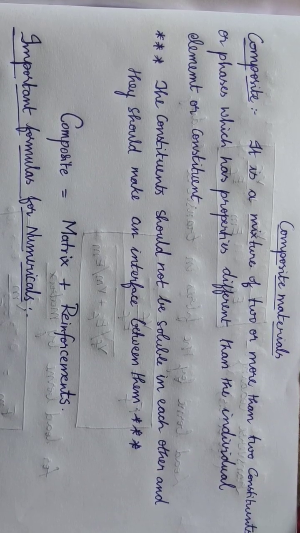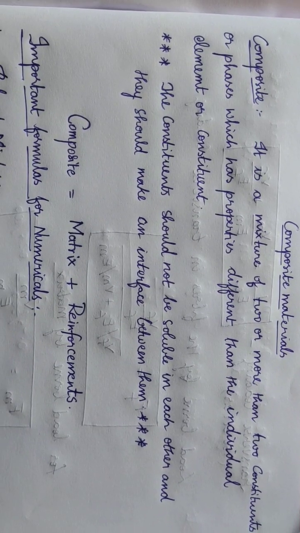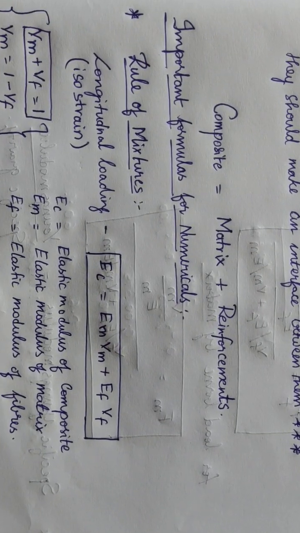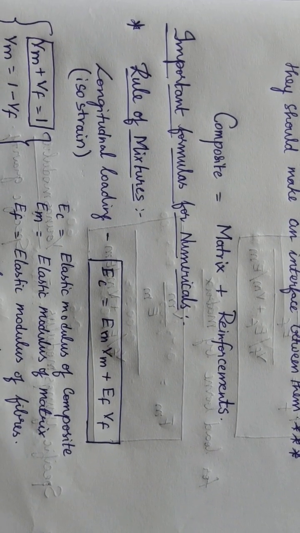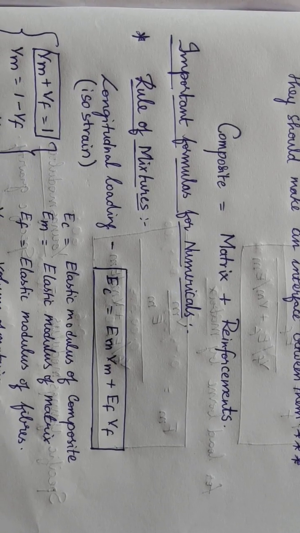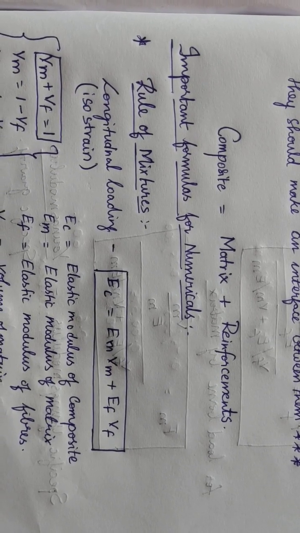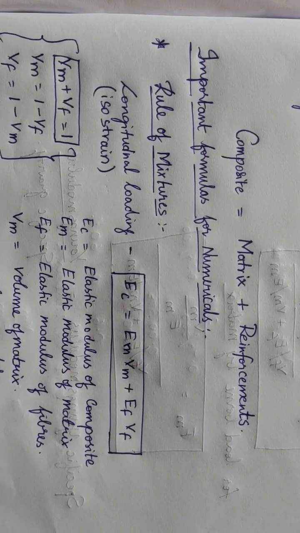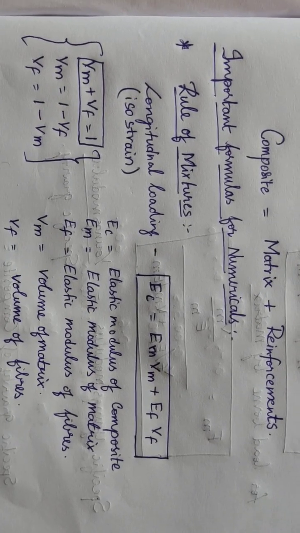So let's see important formulas for numericals. Rule of mixtures: there will be a derivation for this, and I'll be uploading another video on it. So let's see the direct formula here.